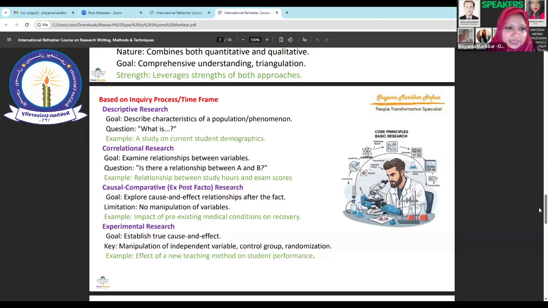And the next one is correlational research, which means examining the relationship between variables. I'm sure that all these days, more than 5 days, you have been listening to the lectures here, so you must be aware of that. Every research has variables, right? When you're doing research, we control variables, and sometimes we see the correlation between variables.